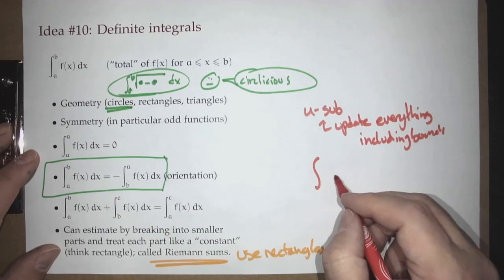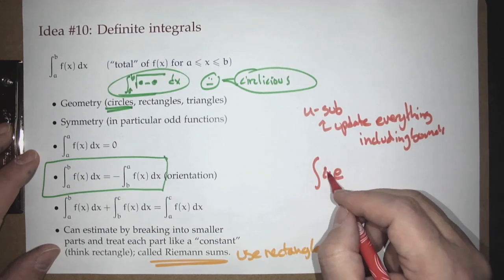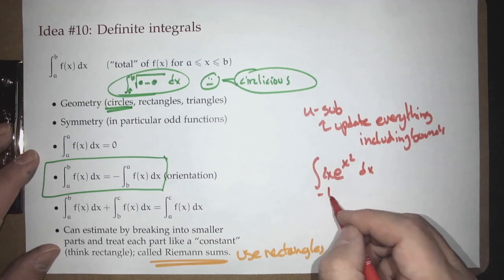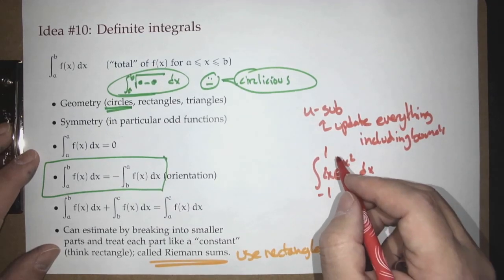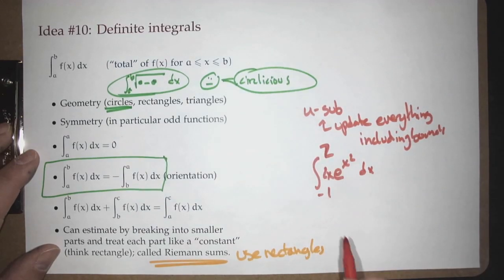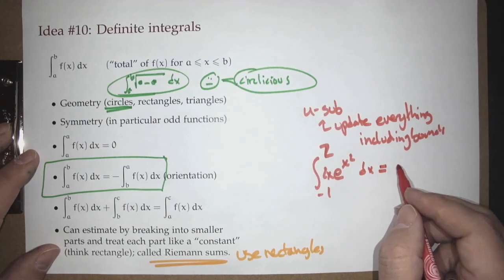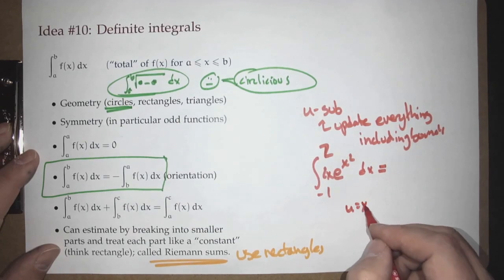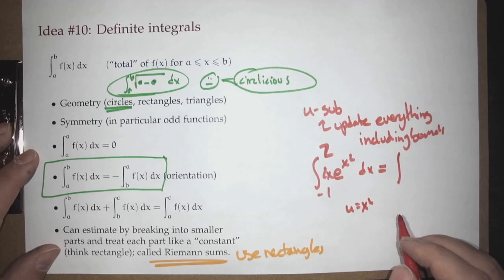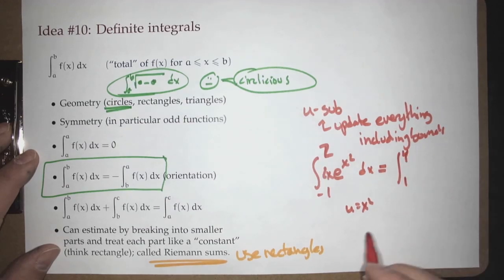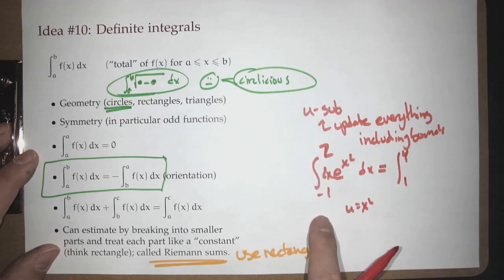Right, if you have the integral of 2x e to the x squared from minus 1 to plus 1. Oh, that's too cheeky. Minus 1 to 2. What do you get? Well, u equals x squared. So what will our new bounds be? 1 to 4. How did you get 1 and 4?